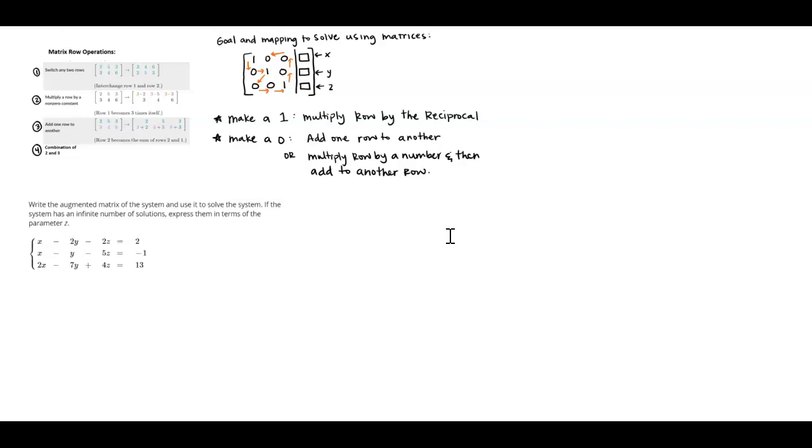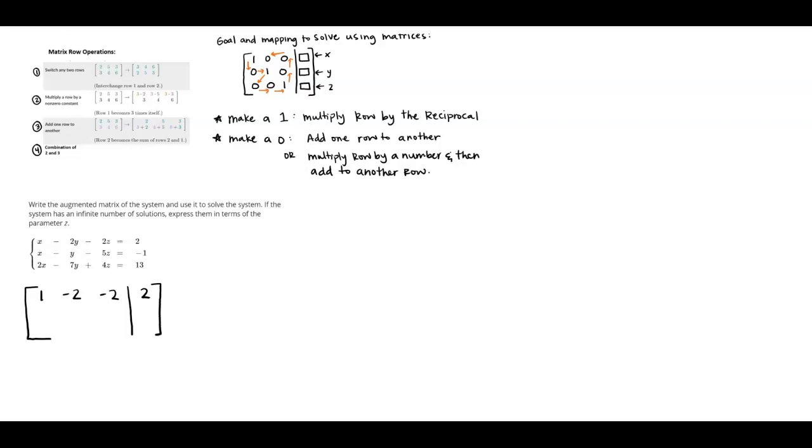So let's go ahead and write the augmented matrix for this. So we'll have 1, -2, -2, and then draw our line straight down, and then a +2 on the other side there.